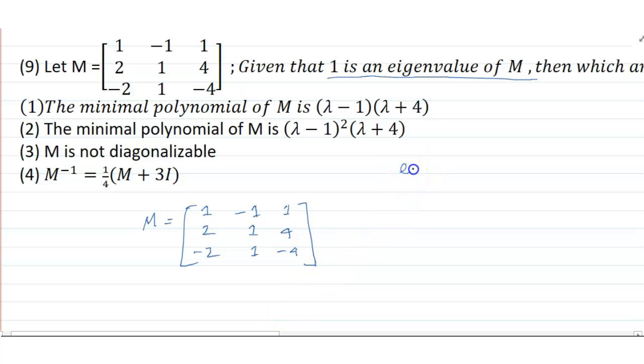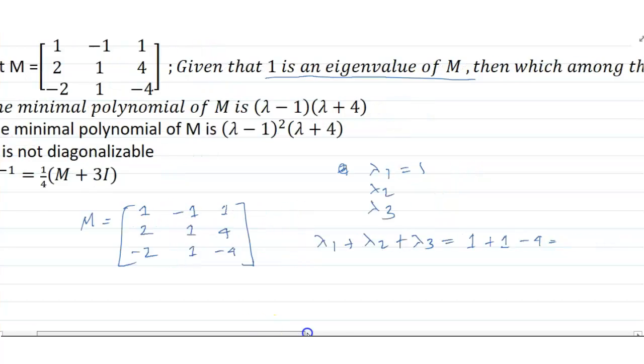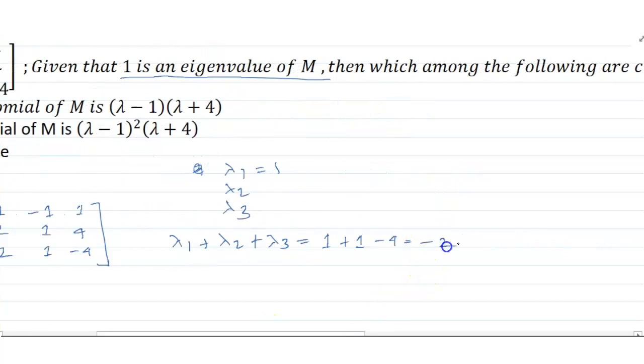1 is one eigenvalue, lambda 1 is equal to 1, and lambda 2 and lambda 3 I don't know. So lambda 1 plus lambda 2 plus lambda 3 equals 1 minus 4, which equals minus 2, and lambda 1 equals 1, so 1 plus lambda 2 plus lambda 3 equals minus 2, and lambda 2 plus lambda 3 equals minus 3.